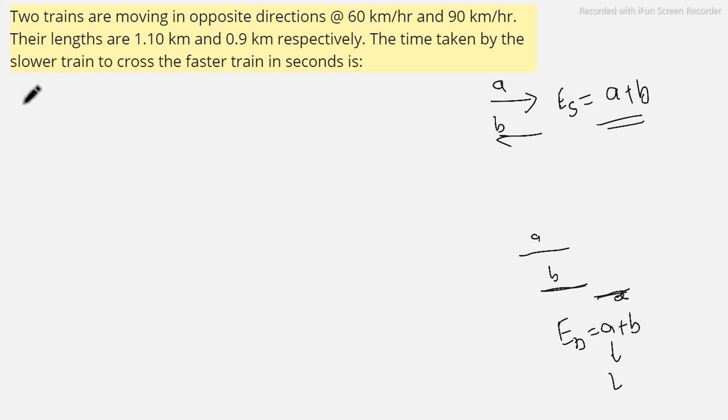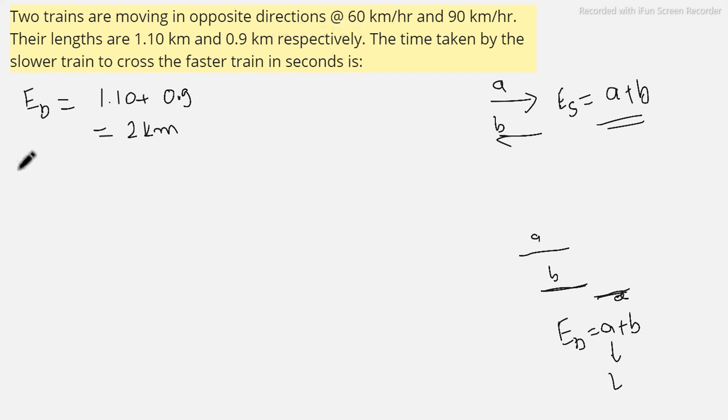So our effective distance will be the length of both trains, that is 1.10 plus 0.9, which equals 2 kilometer. This is the effective distance.